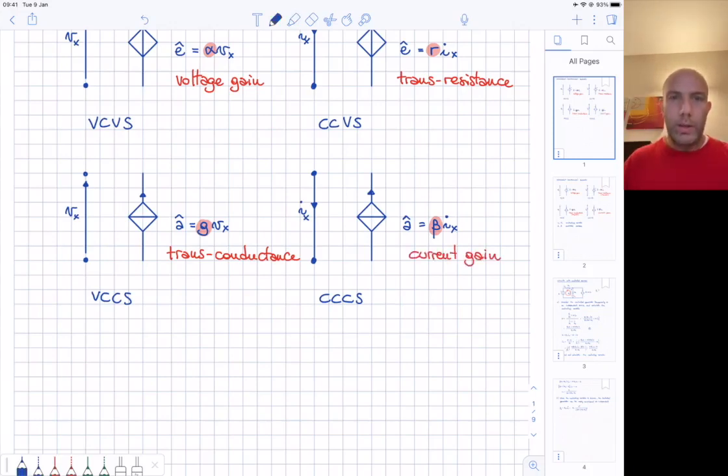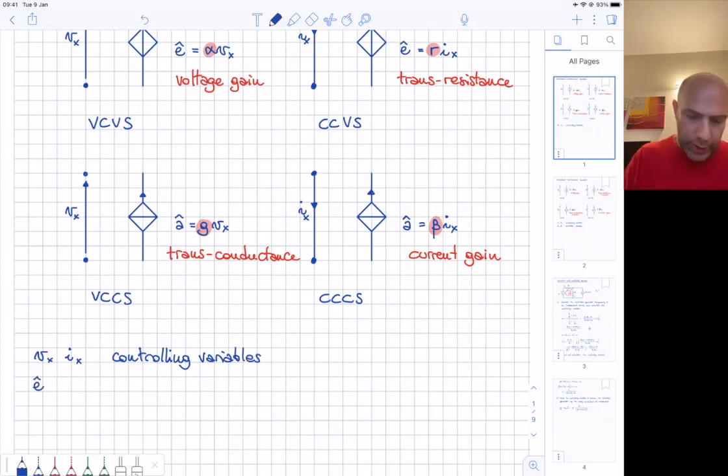So, with dependent generators, we have the quantities Vx and Ix that are called controlling variables, while the electromotive force of the voltage generator and the impressed current of the current generator are called controlled variables.